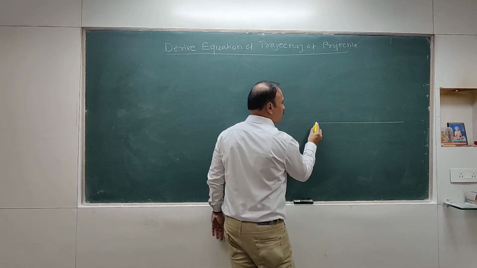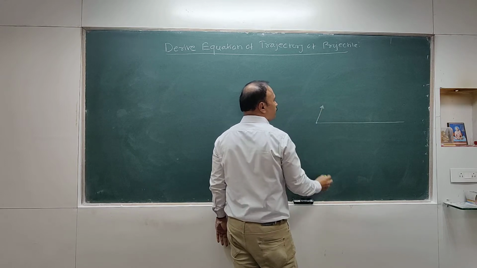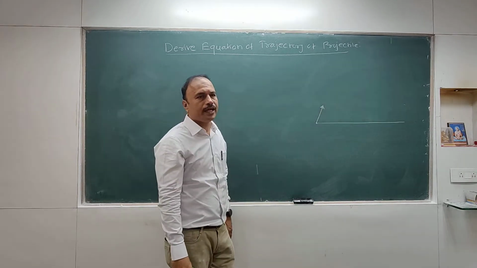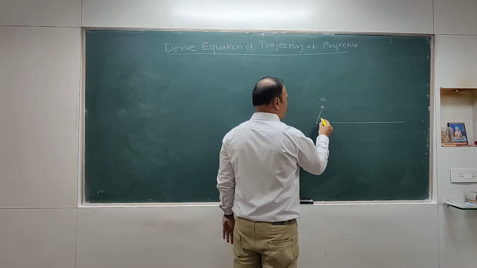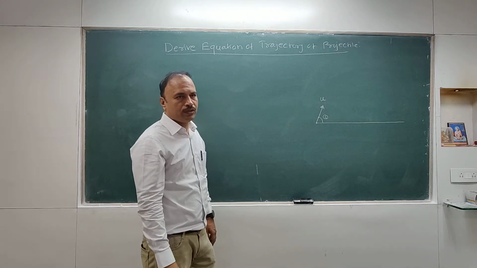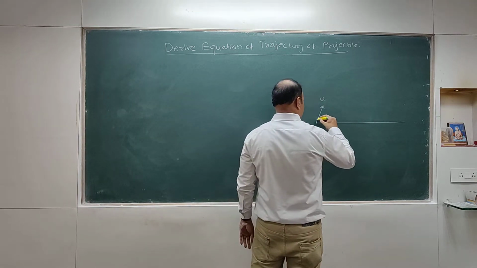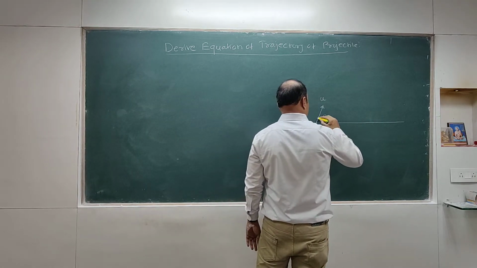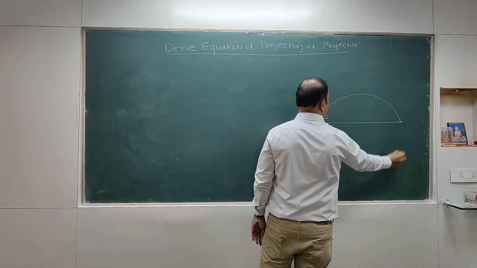So if this is the point of projection and the projectile is thrown in air with velocity u making an angle theta, that is the angle of projection, then the projectile travels like this and falls here.